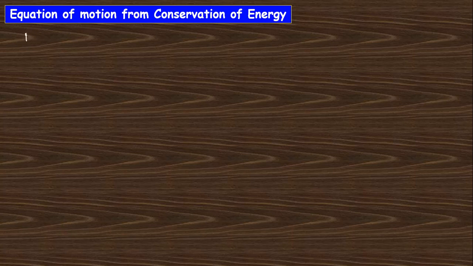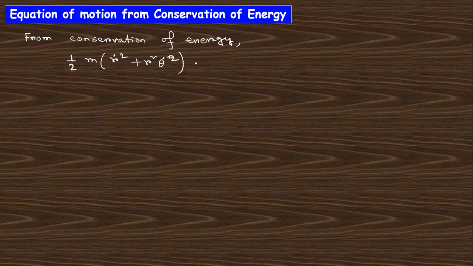So from conservation of energy we can say that the kinetic energy, half m r dot square plus r square theta dot square, you know this is the v square, half m v square, minus this is the potential term, integral f of r dr, equals E, the total energy.